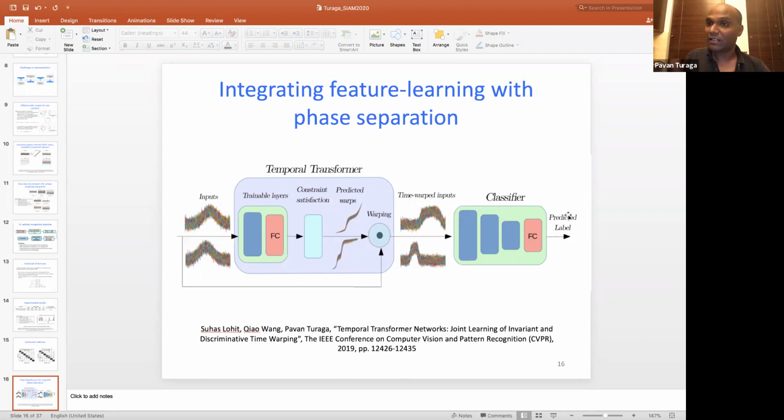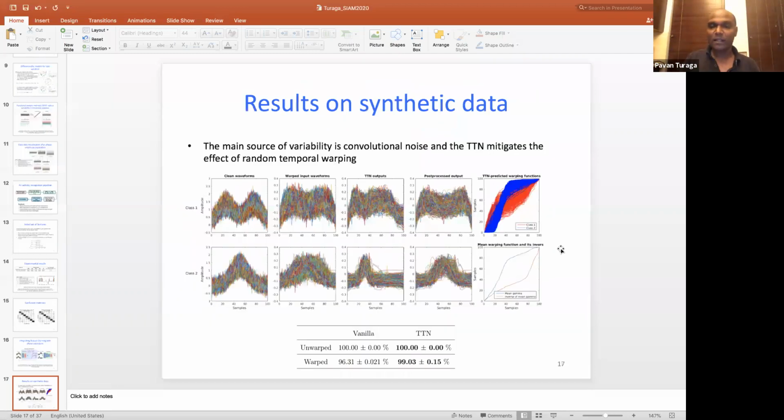So when you train this model end to end, this temporal transformer will learn to spit out actually useful warp functions, which maximize the end loss function, which is based off of classification accuracies. That's the way of thinking about it. And we found that it actually works interestingly well.